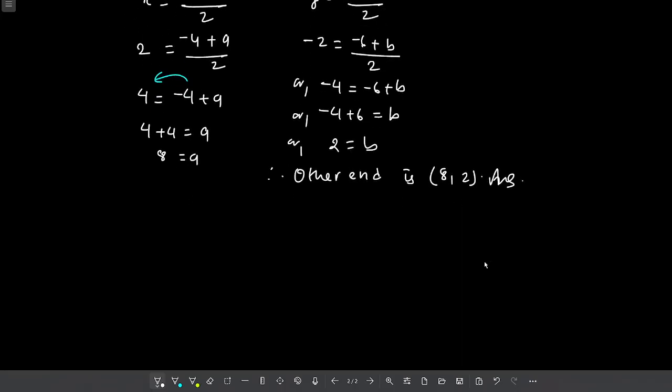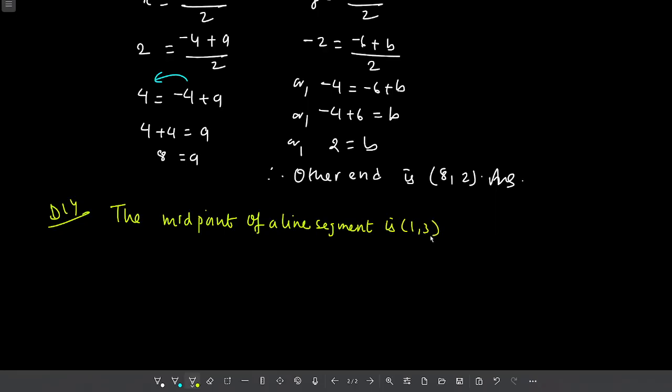Now I'll give you the next question, and this should be done by yourself. The question says the midpoint of a line segment is 1, 3.